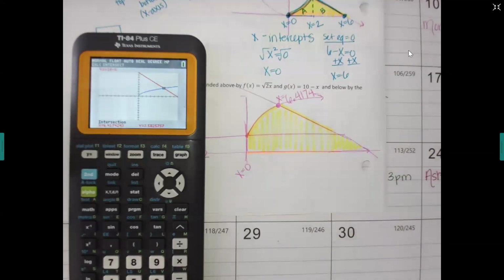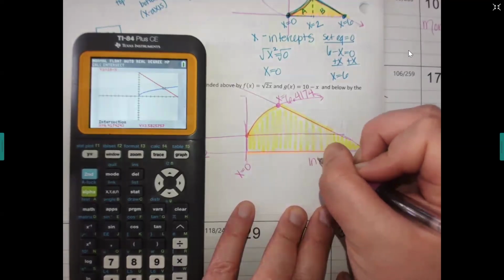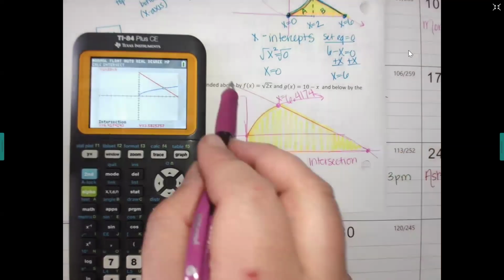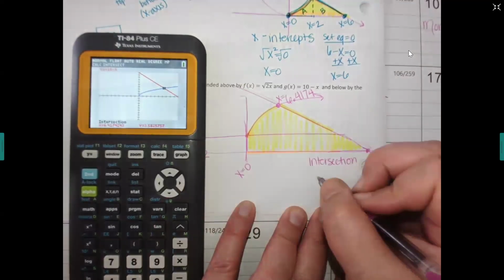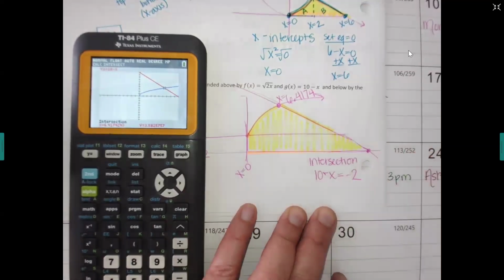There are two ways for you to find this intersection. You can introduce a y3, which is fine, or you can just set them equal by hand, which I think is going to be easier for this one. Remember, you just set the equations that you want to cross equal to each other. So I want this straight line, which is 10 minus x, to equal the -2 line.